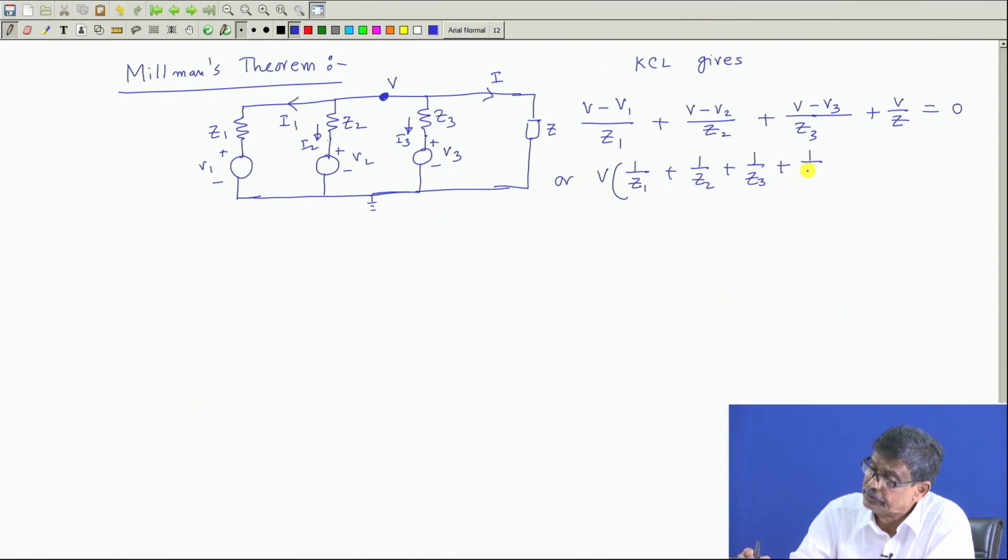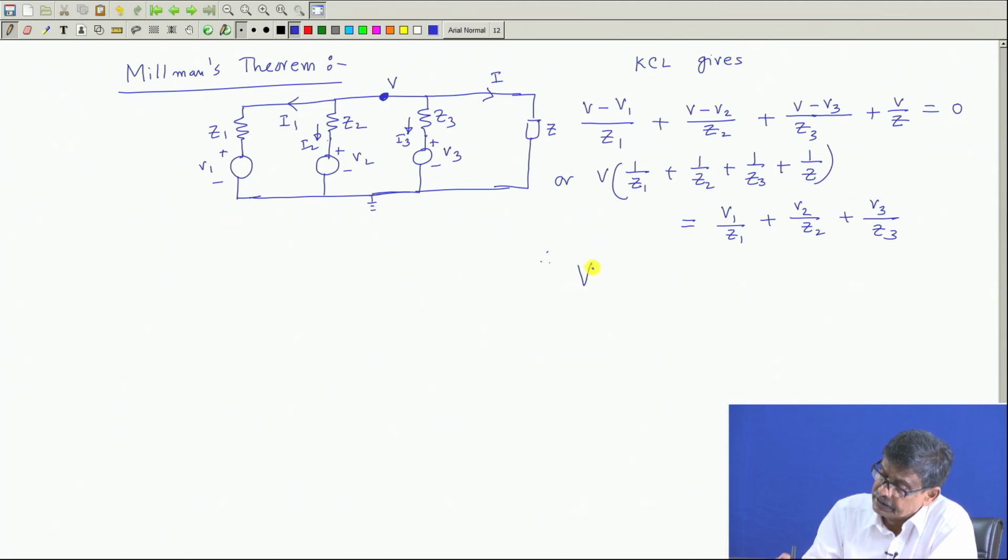We know the rules: all impedances connected, sum of the reciprocal of the impedances at this node, only this node voltage is necessary. This will be equal to V 1 by Z 1, taking these terms on the right hand side, and V 2 by Z 2 plus V 3 by Z 3.